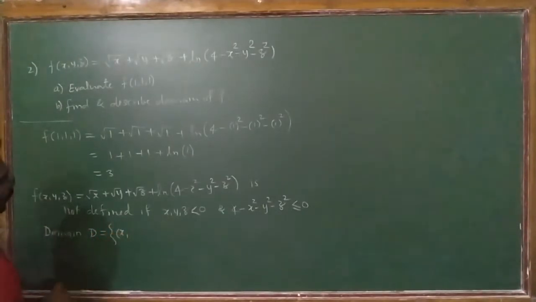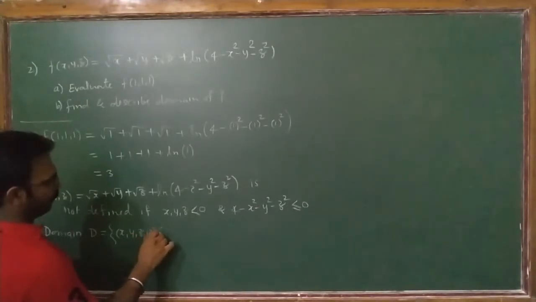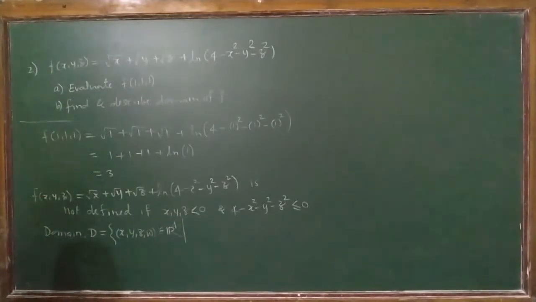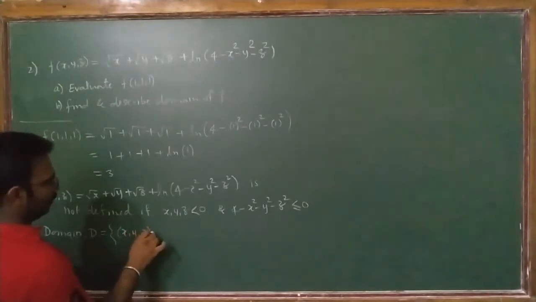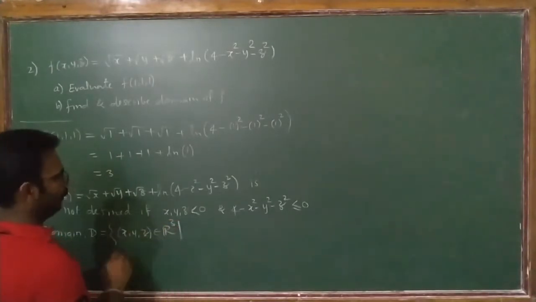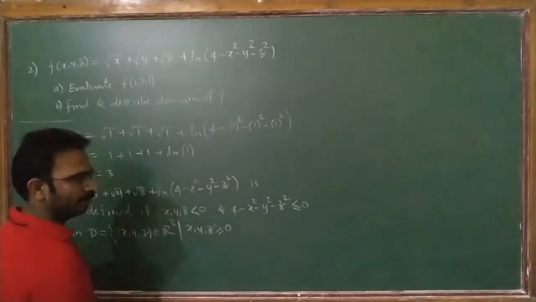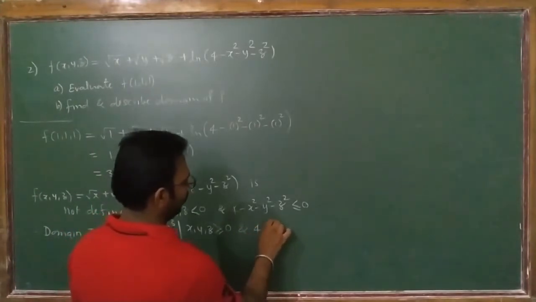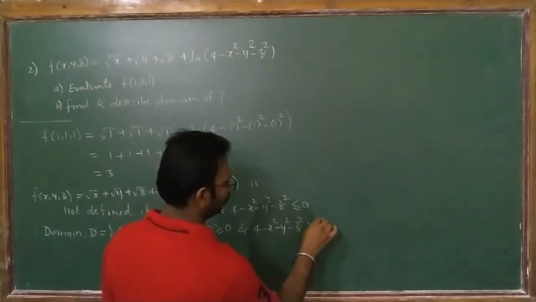Therefore, what should be there in the domain of the function? It should contain such points in R3 for which x, y, z are either positive or equal to 0, and 4 minus x square minus y square minus z square should be positive.